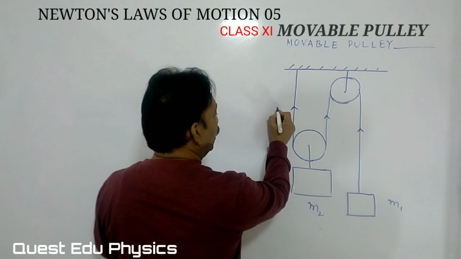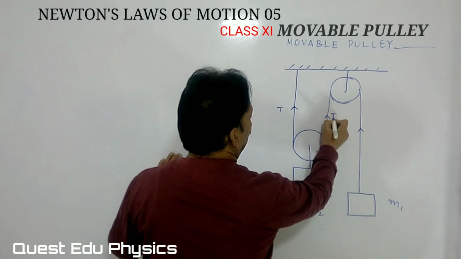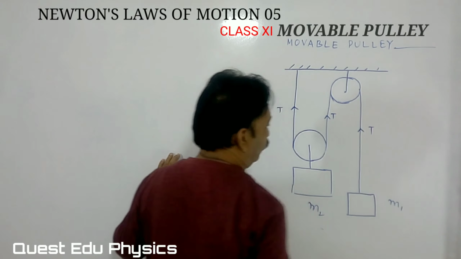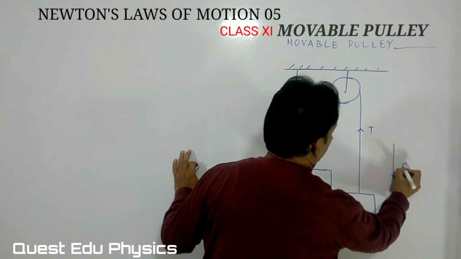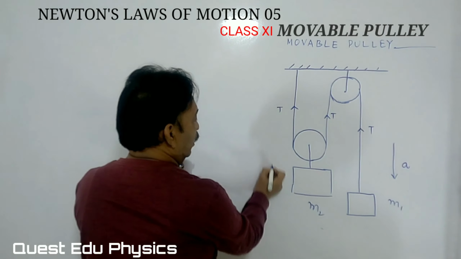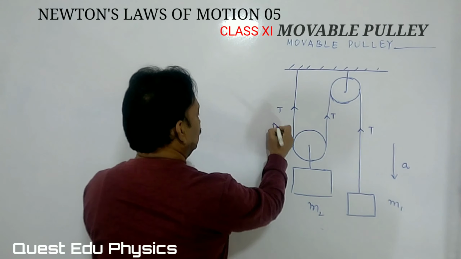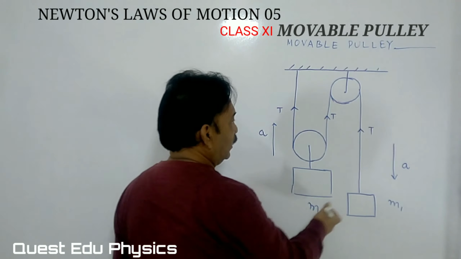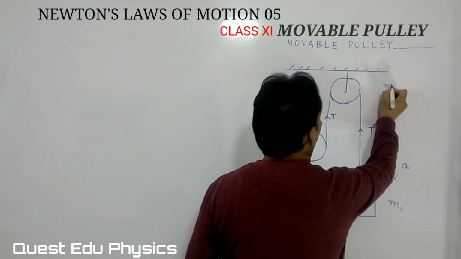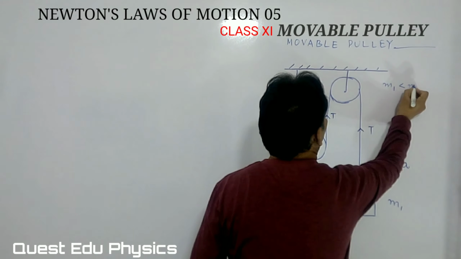Here these arrows are indicating the tension, and this is the acceleration and its direction. In this case, if you watch carefully, m1 is less than m2.